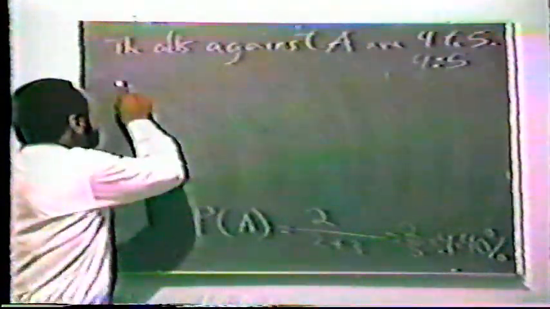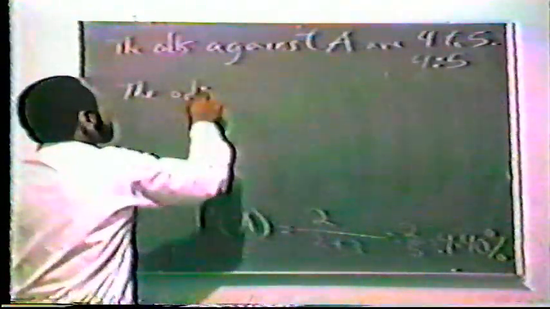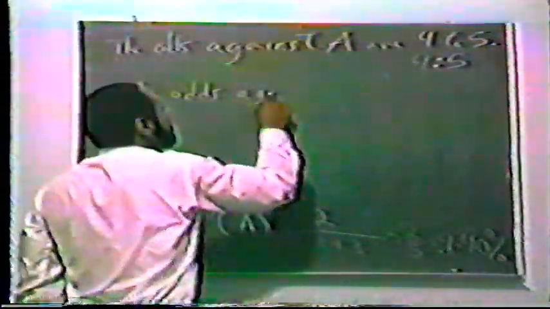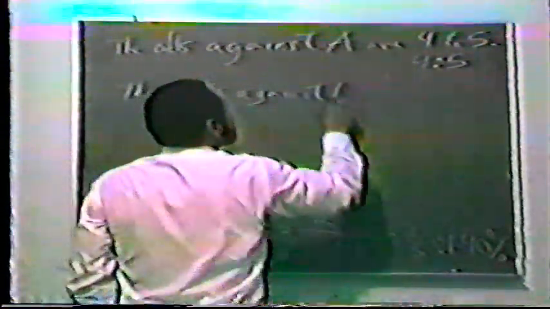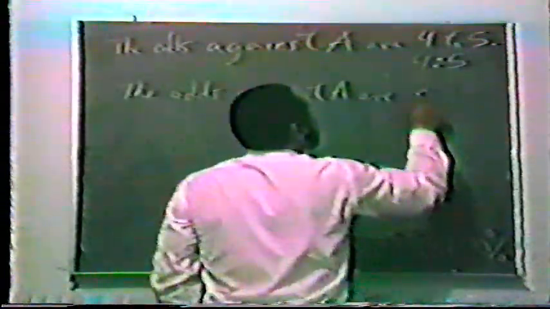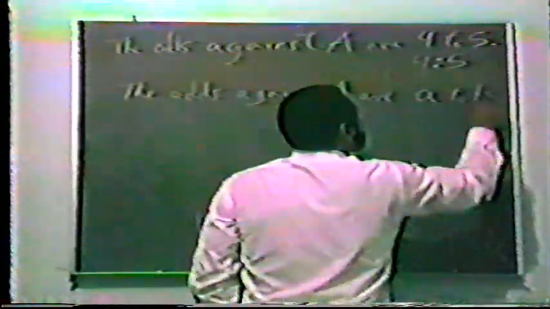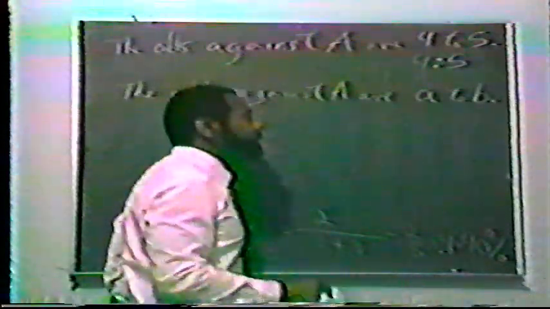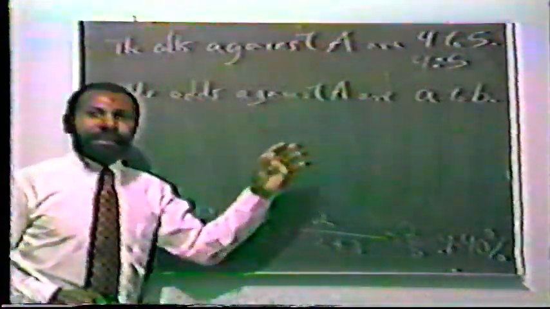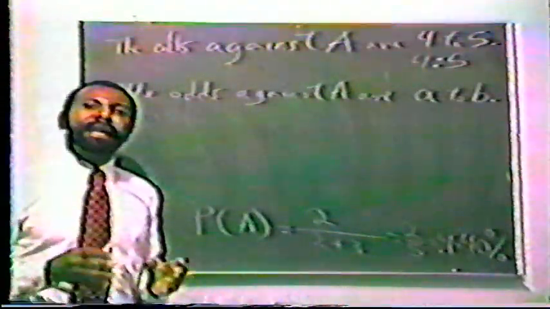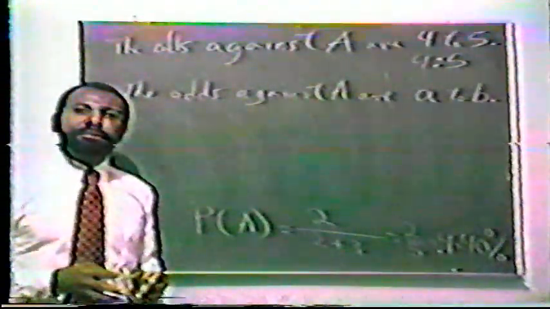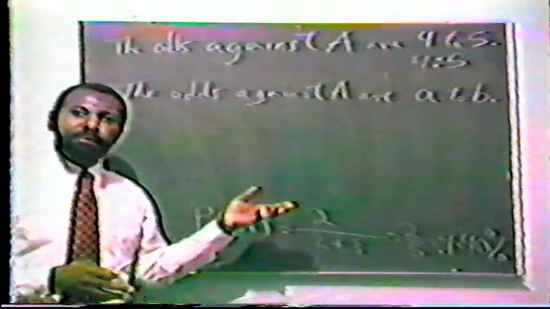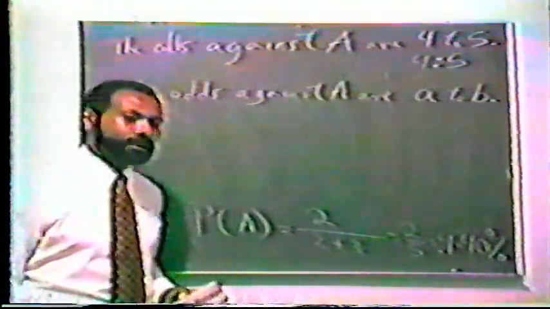Now, when you know the odds against something happening, for example, if we know that the odds against A are A to B, we can find the probability of A happening. If we know the odds for, we can find the probability as we just finished doing. If we know the odds against, we can find the probability of A occurring.